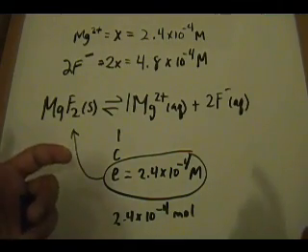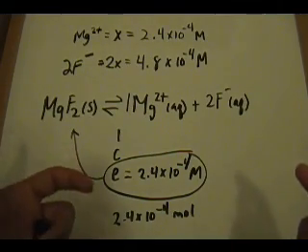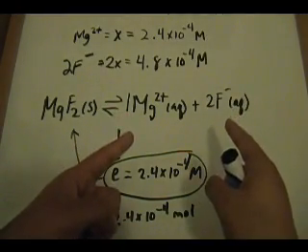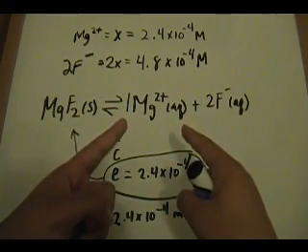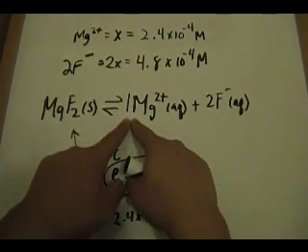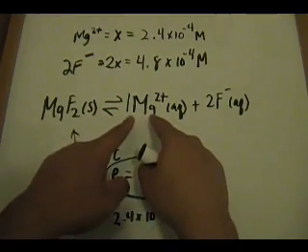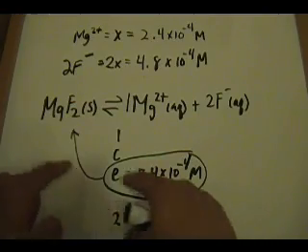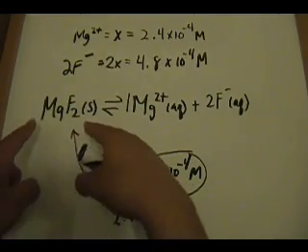To make things simple, whenever you're asked to find the molar solubility, look at your products. Whatever product has a coefficient of 1 in front of it, the equilibrium concentration of that species is equal to the molar solubility of your starting compound.